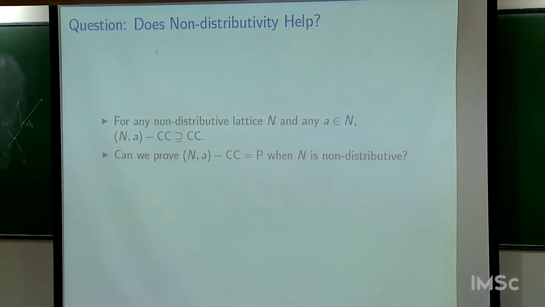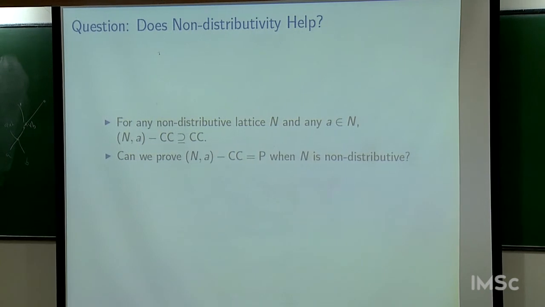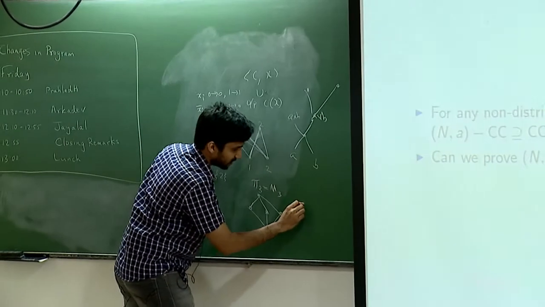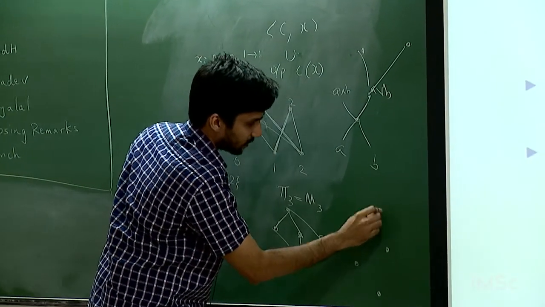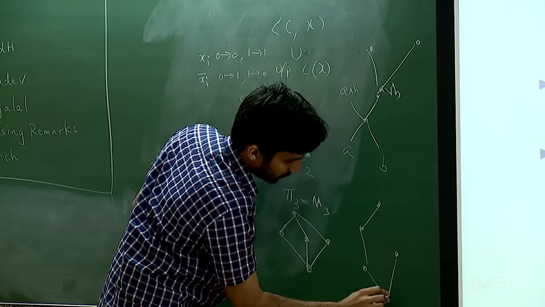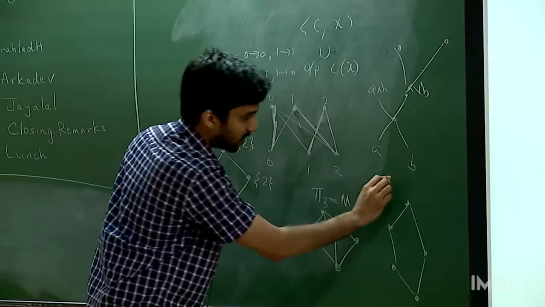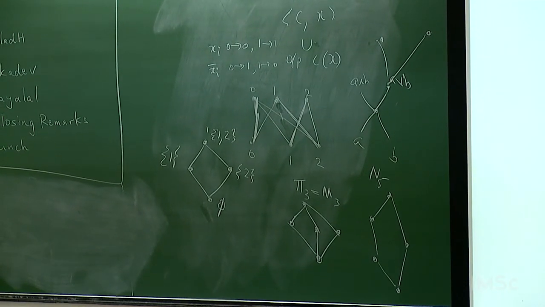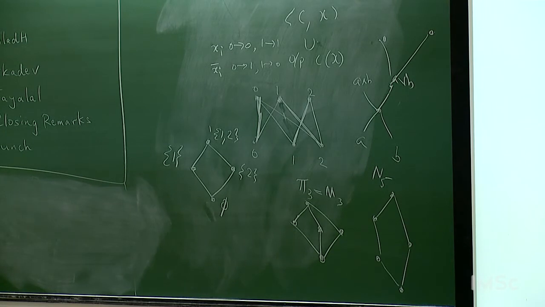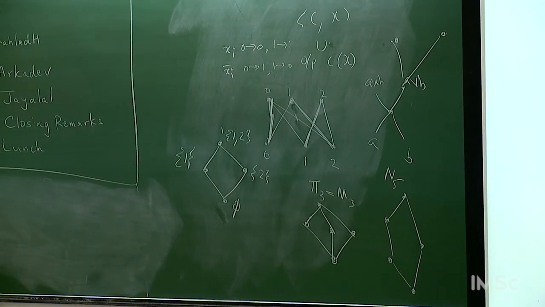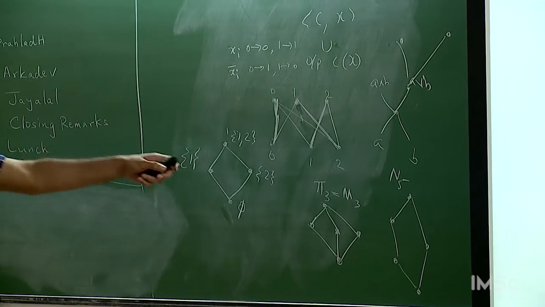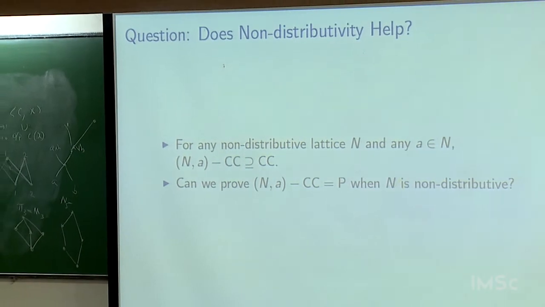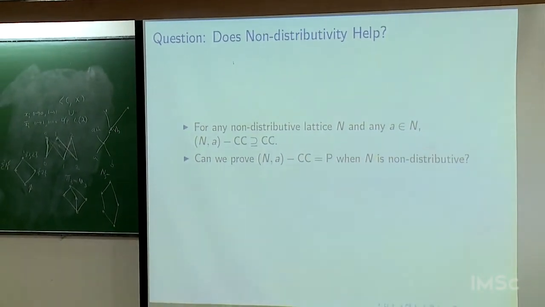If you recall, this is pi 3, more popularly known as M3, and this is another lattice called N5. There is a theorem which says that any non-distributive lattice must contain one of these lattices as a sublattice. So to show this, it's enough to show that either this or this can simulate P, right?